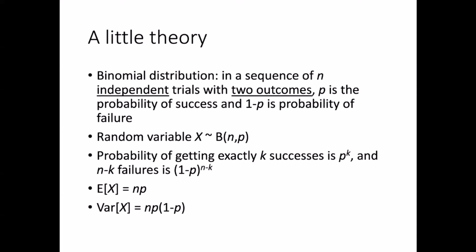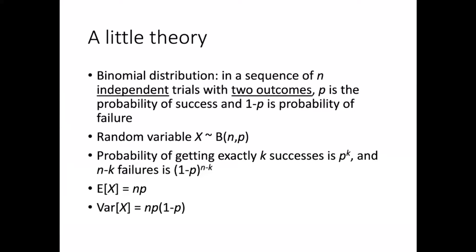Each time you flip a coin, it is independent of the previous time, and there's only two possible outcomes. And P is then the probability of success, or of getting a heads. Therefore, 1 minus P is the probability of tails. So for any random variable X, we call it binomially distributed with N trials and P probability of success.